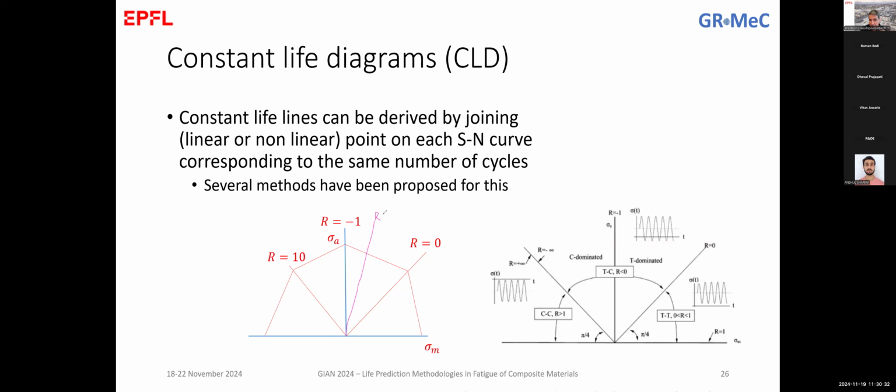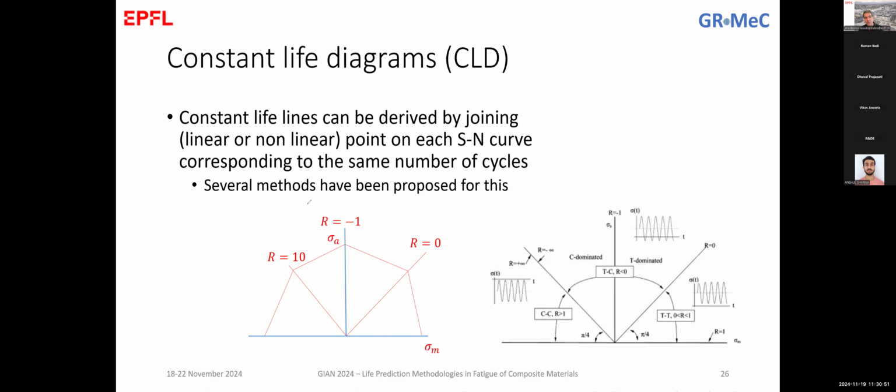Here it might be a ratio of 0 or minus 0.4, for example. And we don't have any experimental data for this, but we can estimate this SN curve by using the CLD, the constant life diagram. And this is the validity of the constant life diagrams.